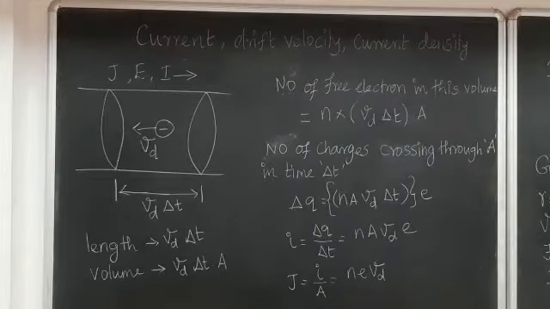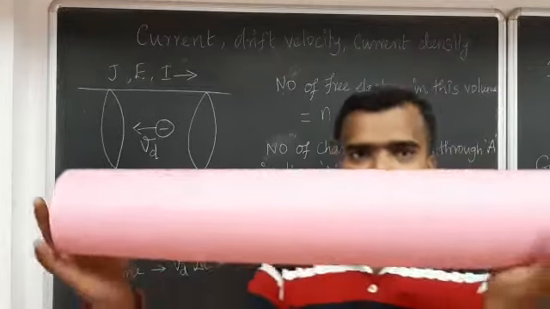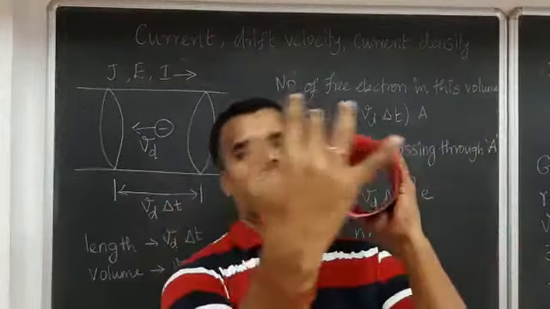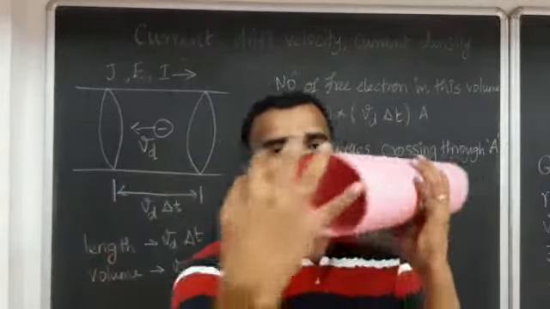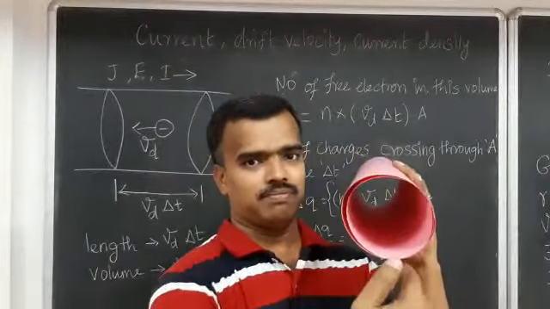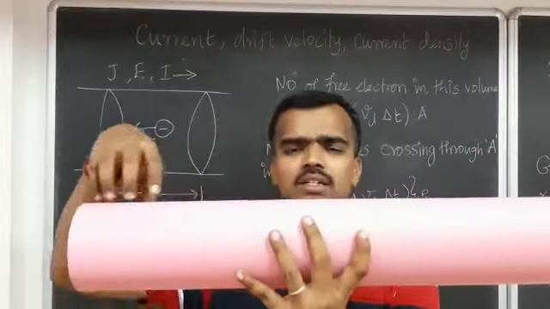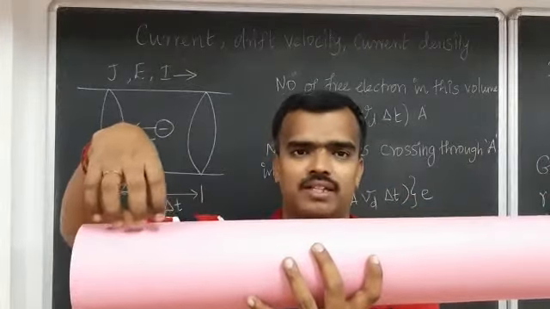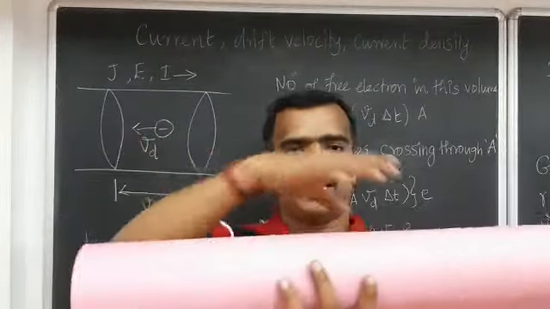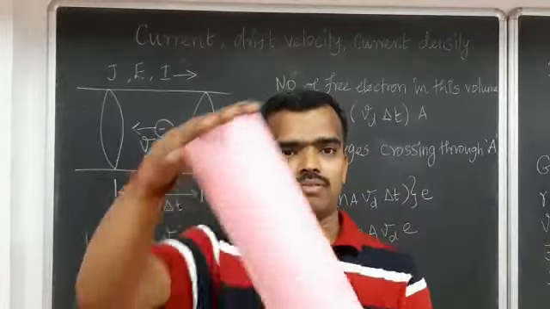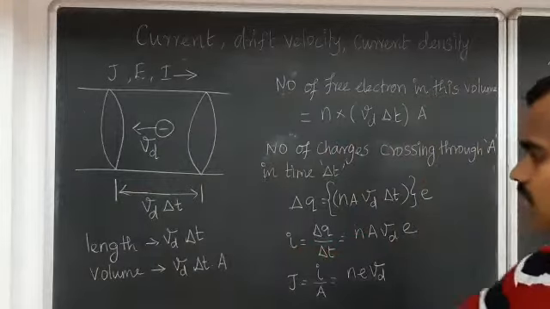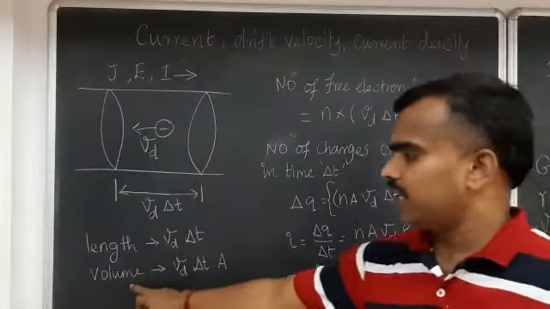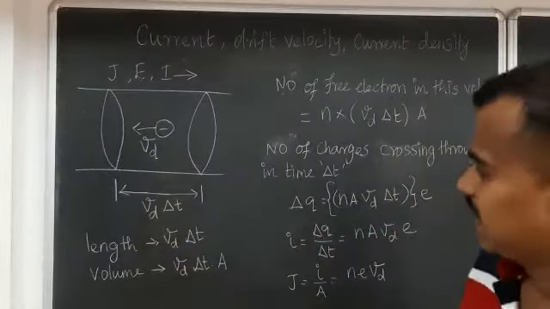This is a two-dimensional view. This is the area, and the third parameter is length. So area into length gives the volume of this conductor.